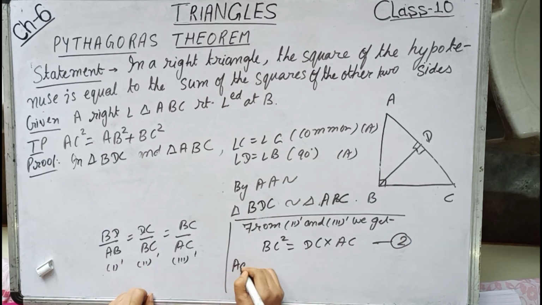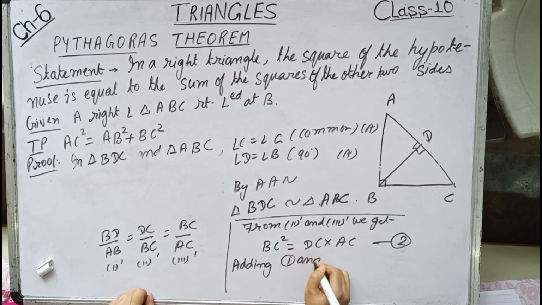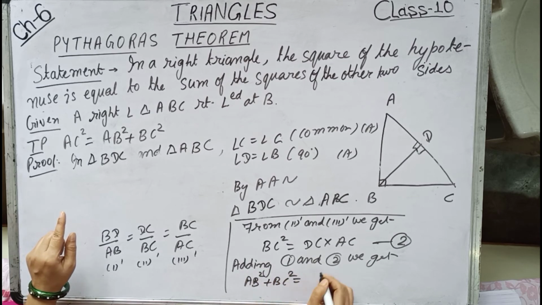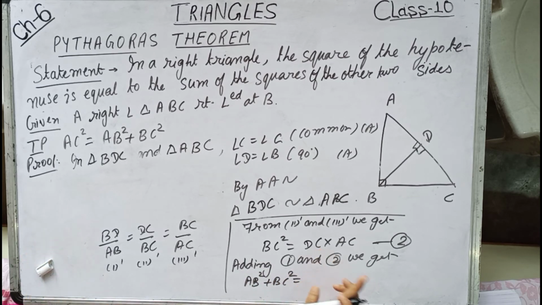Now we will be adding 1 and 2. We get, what was number 1? AB square plus BC square equals, there what we got? Here we are getting DC into AC.